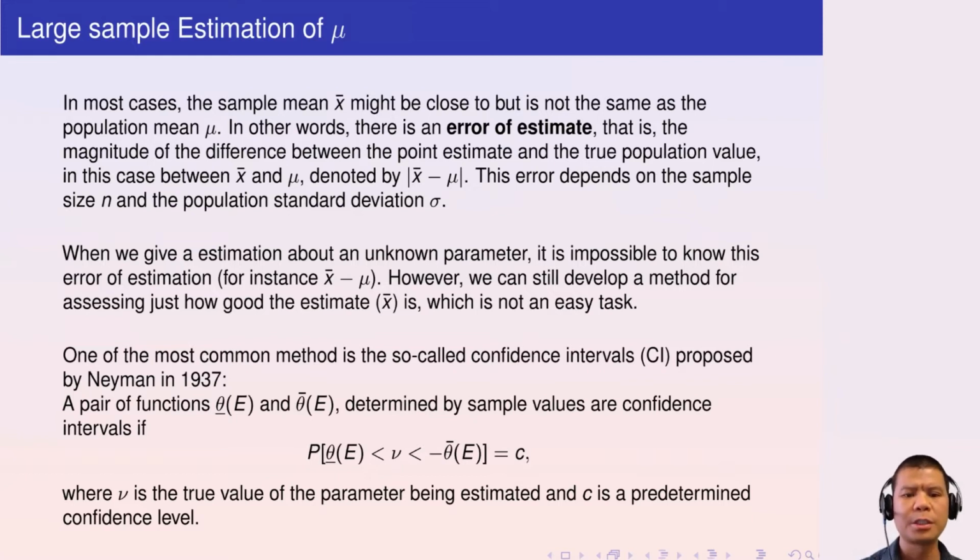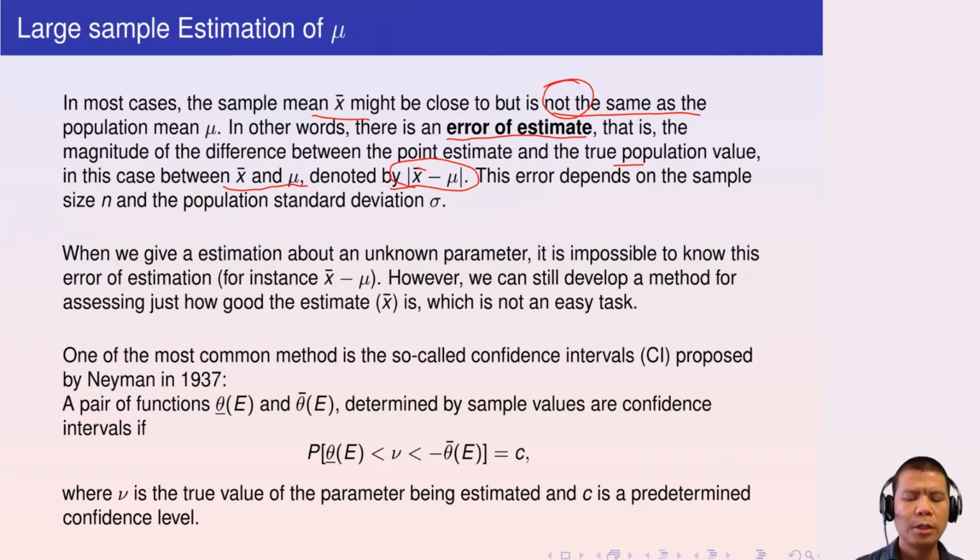In most cases, the sample mean might be close, but it's not the same as the population mean. In other words, there is an error of estimate. The magnitude of the difference between the point estimate and the true population value is denoted by the absolute value of x bar minus mu. This error depends on the sample size and the population standard deviation.